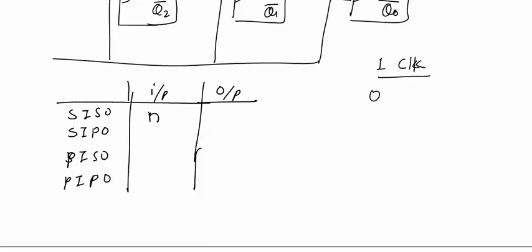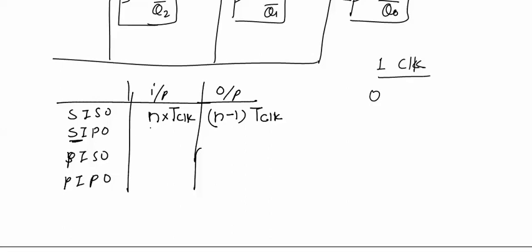For n number of bits, n clock pulses will be required. So total time will be n into t clock. For taking the data at the output, we will require n minus 1 clock pulses. For 1 clock pulse, the time is t clock, so for n minus 1 clock pulses, the time will be n minus 1 into t clock.